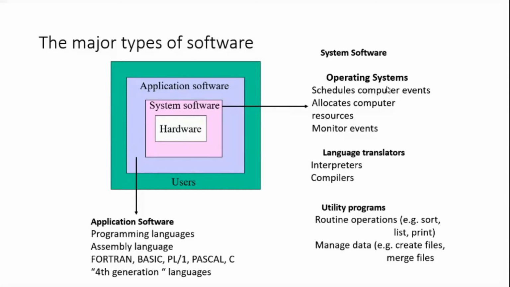Then the second type of software is the application software. As I said earlier, it is for specific purposes like Microsoft Word, Microsoft Office, all the Office members like Word, Excel, Access, then PowerPoint, etc. So these are application softwares.